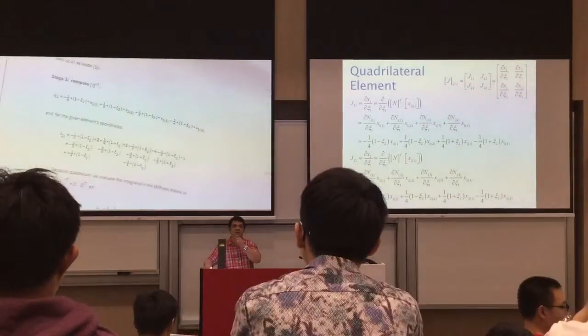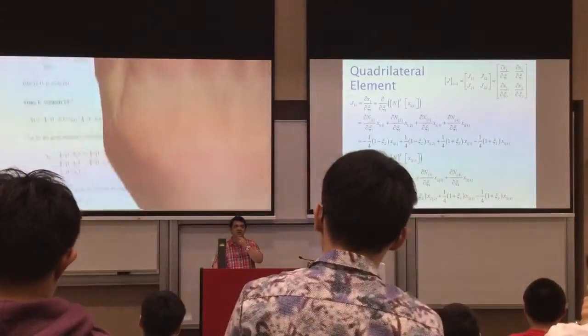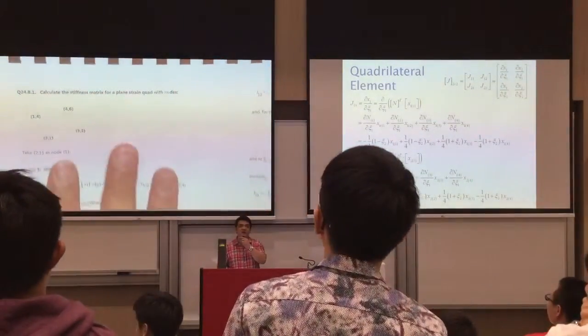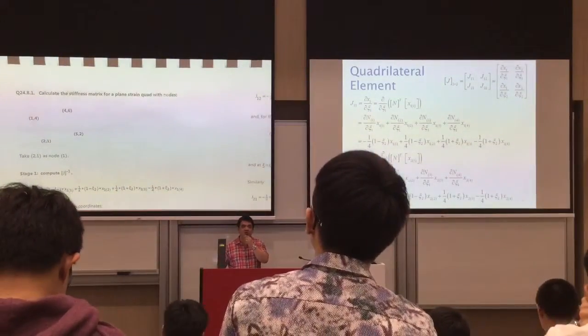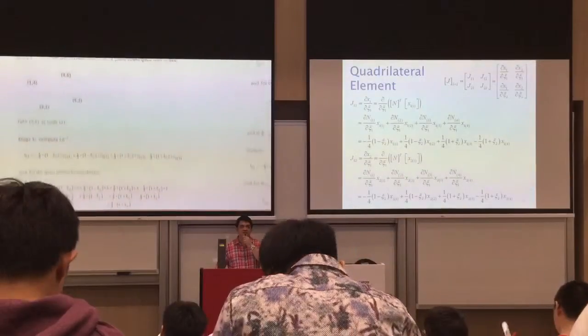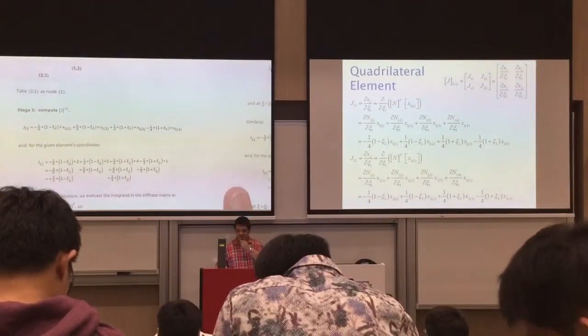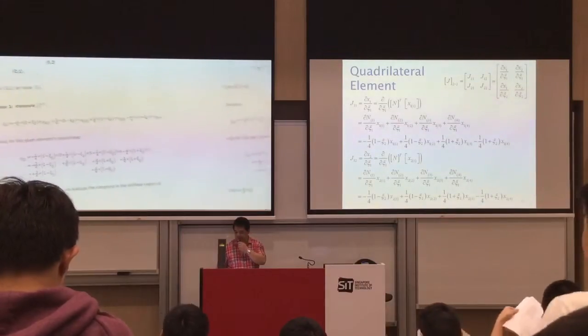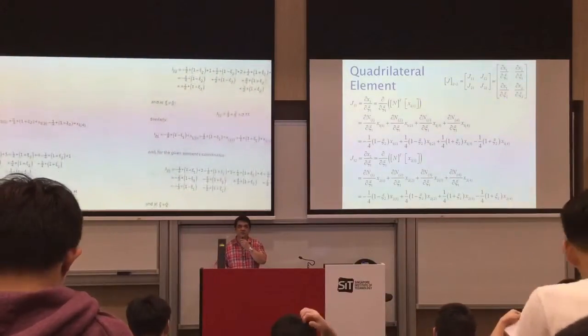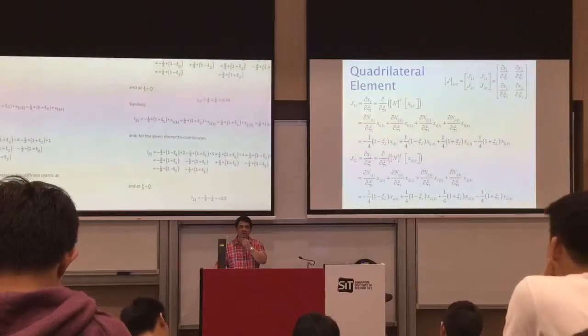I have a few more minutes here. If you look at it, this is the step, 24.8.1. This is one step solved for the Jacobian.